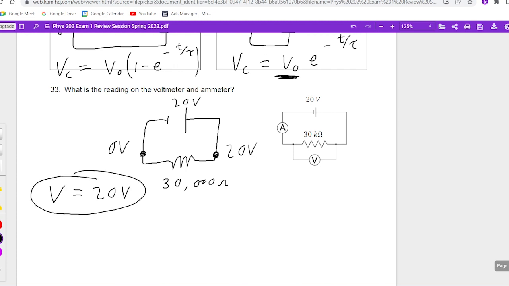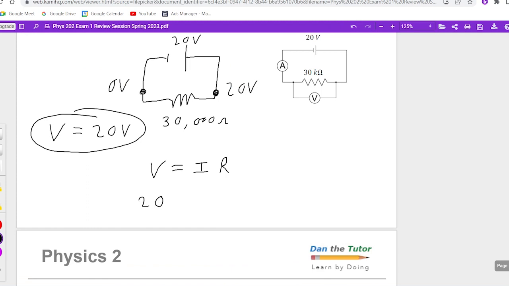Done. And then if I want to find the ammeter, I just need to use Ohm's law to find the current. V equals I times R. The voltage is 20, current's what I'm solving for, and the resistor is 30,000. My calculator doesn't care though, it's going to plow right through that.